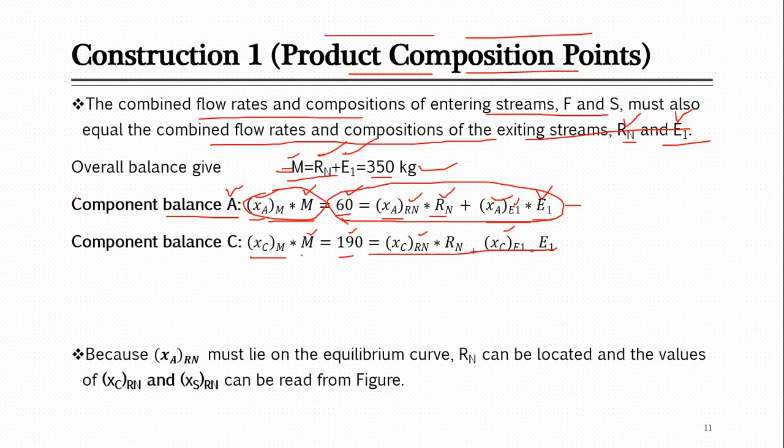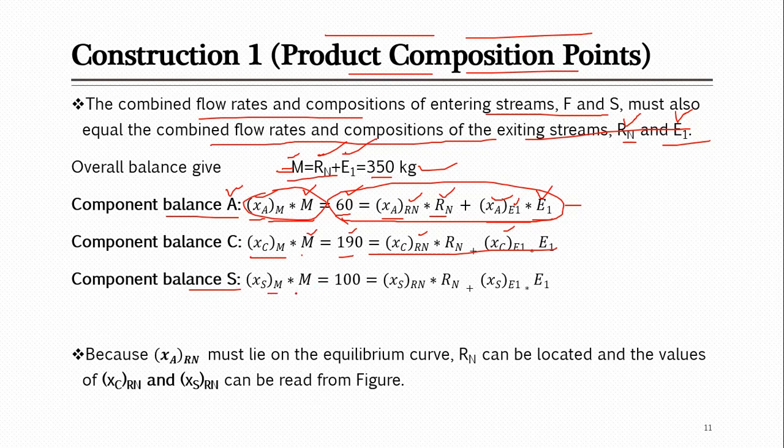Then there is the balance on S. S was coming from the main solvent side, and you have already calculated its mass fraction. If you multiply it with the total amount of M, you will get its amount, that's 100, the same which was coming into this system from the solvent. It did not change, so it will remain 100 in the system.